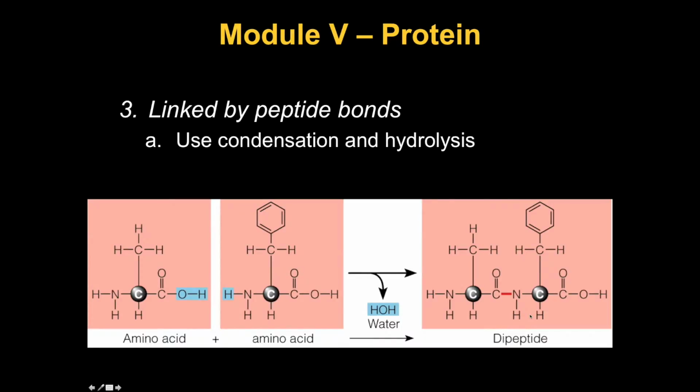So how do we get these amino acids to link together and break apart? Well, we use condensation and hydrolysis reactions. So as you recall, condensation reaction is where we draw water from the two amino acids that we're putting together, whereas hydrolysis, we're using water to split those two amino acids.